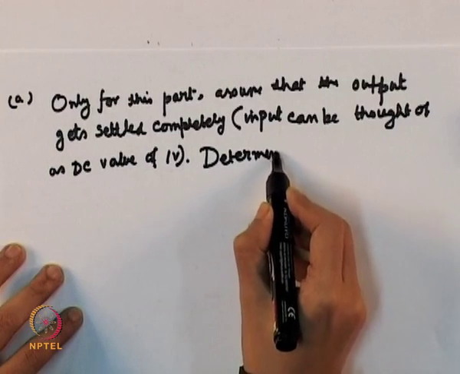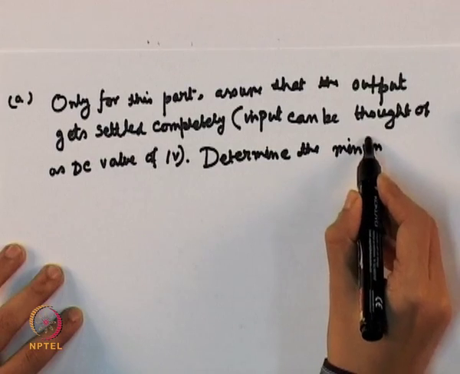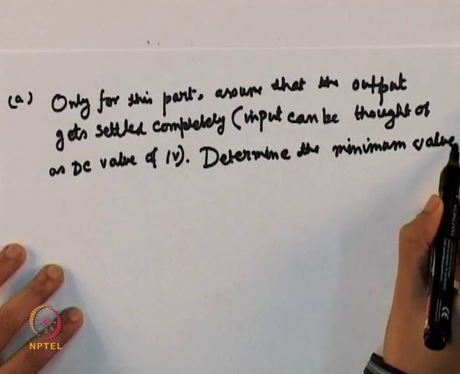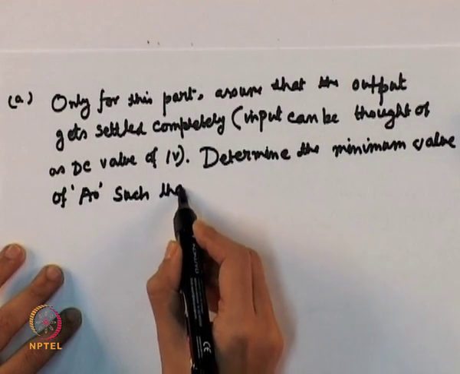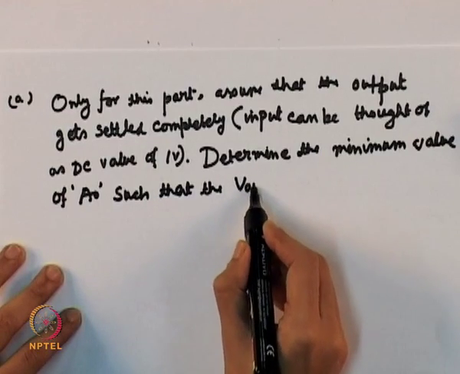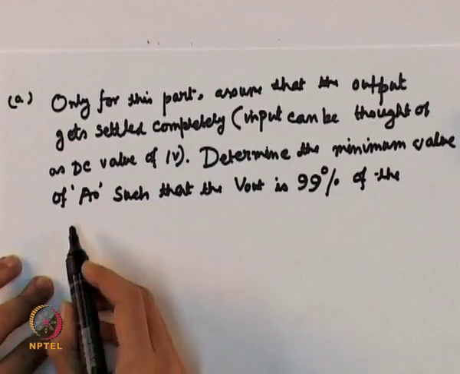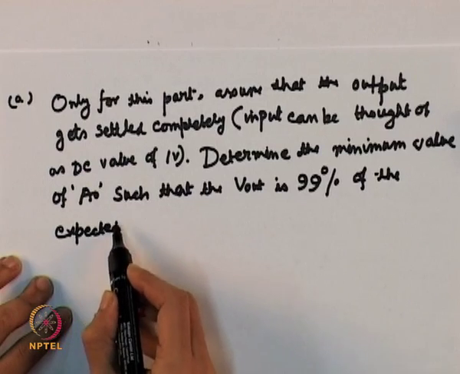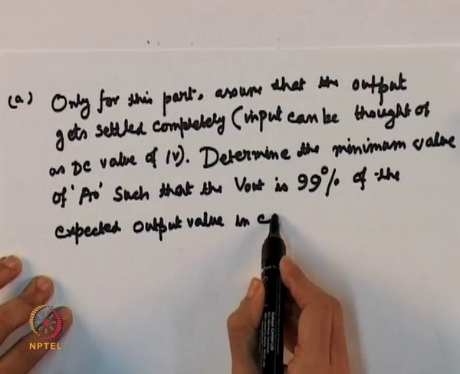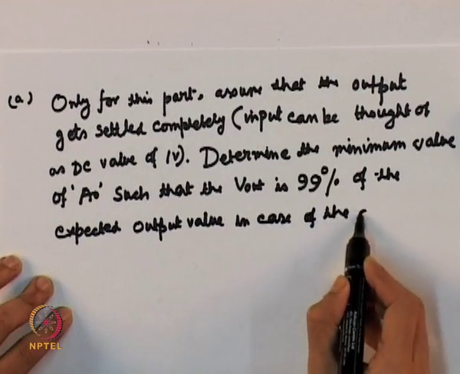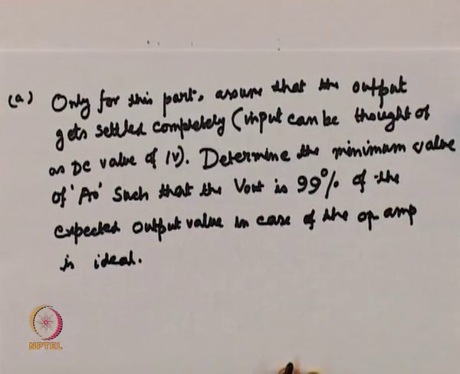We have to determine the minimum value of A0 such that the Vout is 99% of the expected output value in case the op amp is ideal.